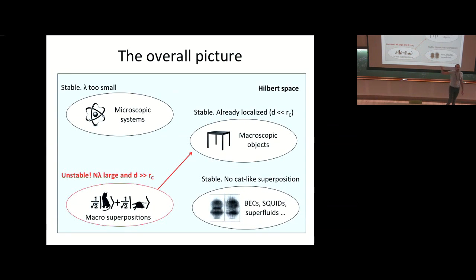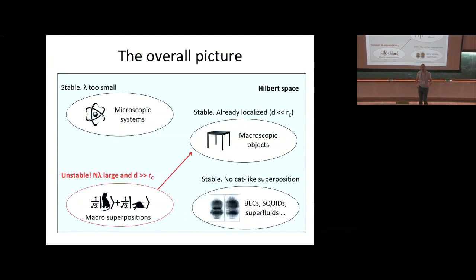That's the picture that should remain of collapse models. Many states are stable; collapse models affect only macroscopic superpositions. The important relevance of the work of Ghirardi, Rimini, and Weber was to make a consistent model that affected precisely and only these states, not the other ones. Otherwise, you would run into problems with experiments.